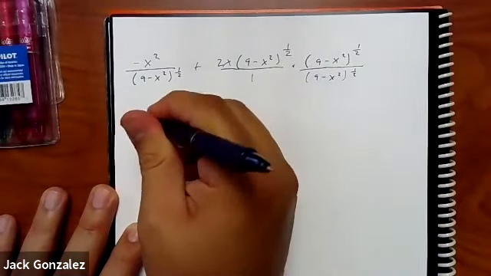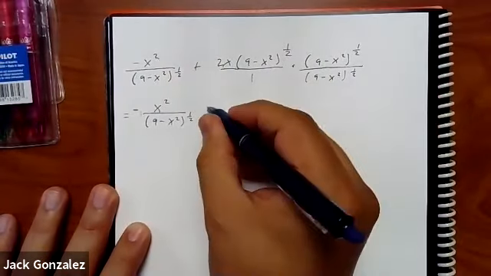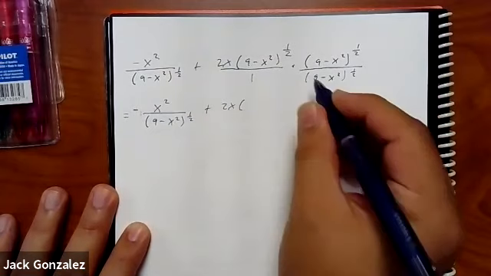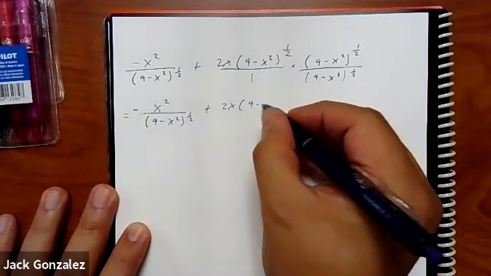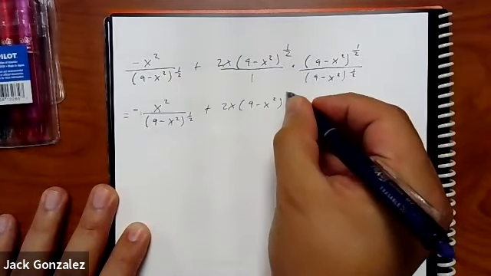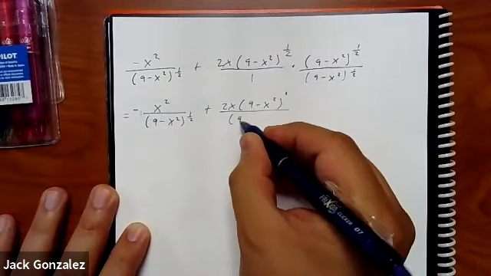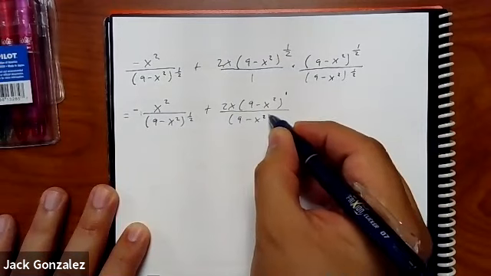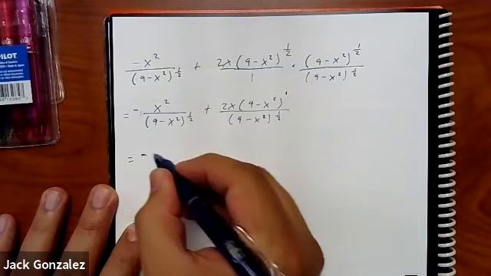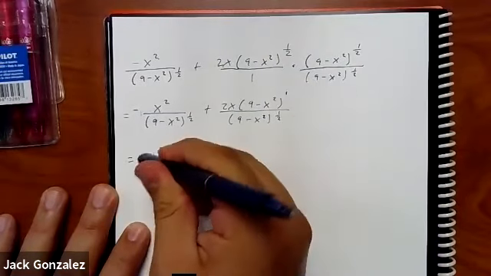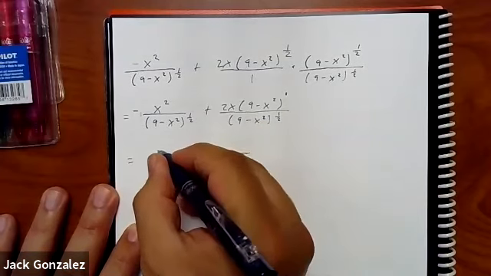Still the same. So this will give us a 2x times 1/2 times the same base. You add the powers, it gives you a whole. 2 halves make a 1, right? The bottom now has the same LCD, so you can add the fractions. So we're going to have negative x squared.